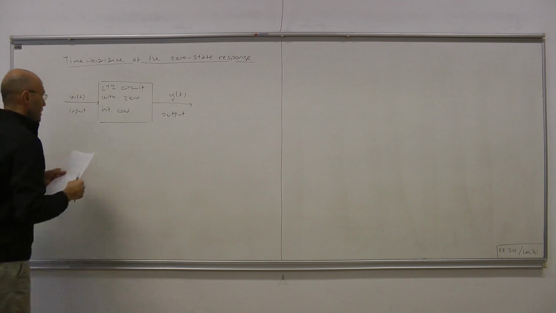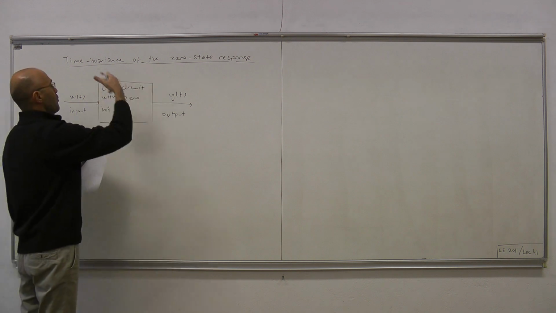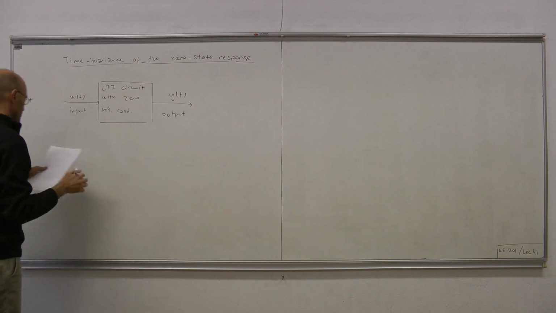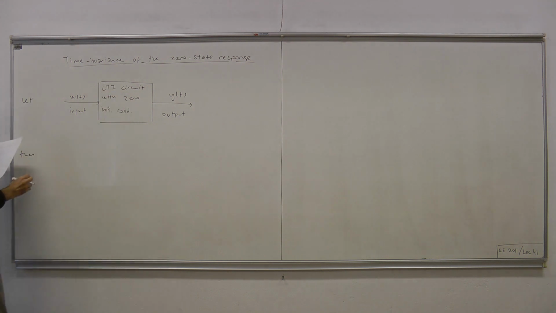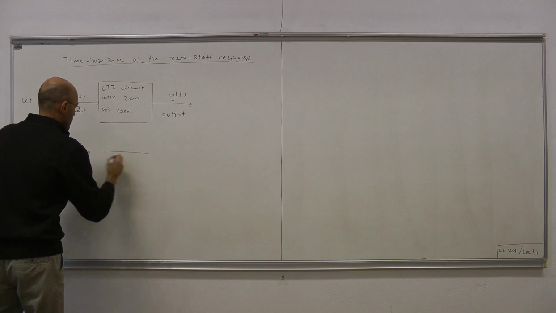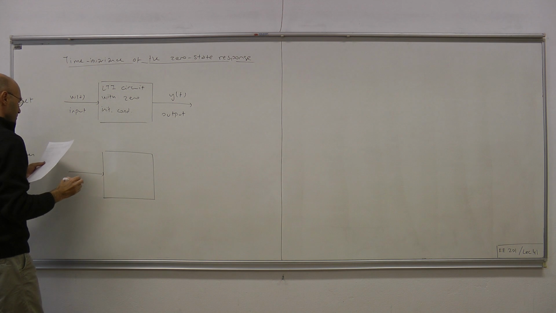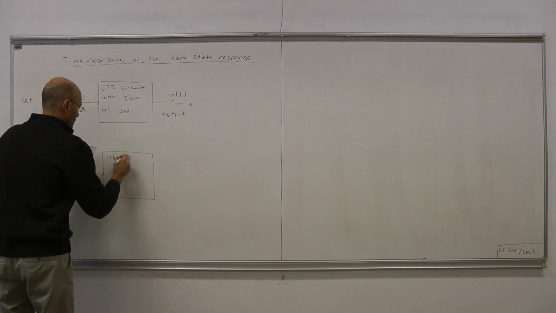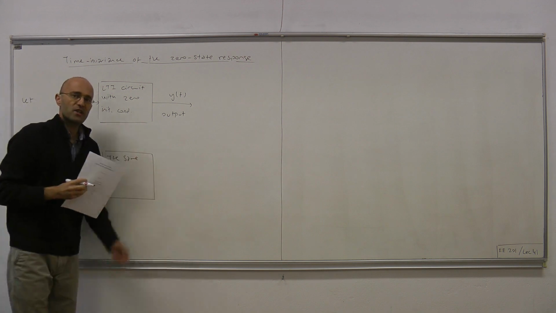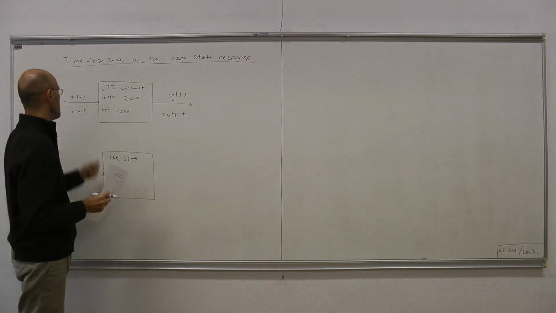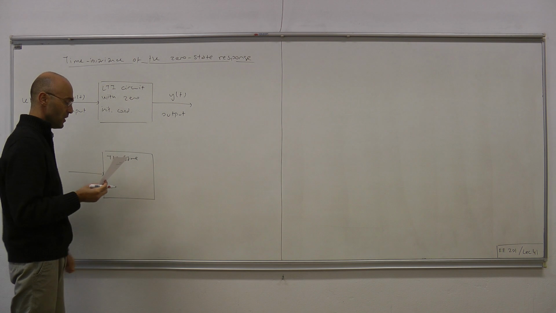Now, since the circuit is LTI, that is time invariant, this is what's going to happen if you excite the same circuit, again starting from zero initial conditions, with the same input but at some other time.